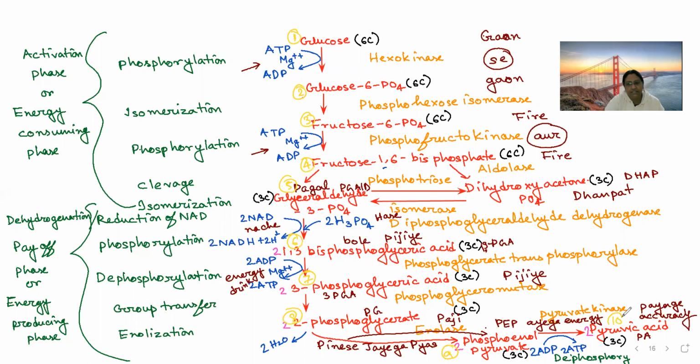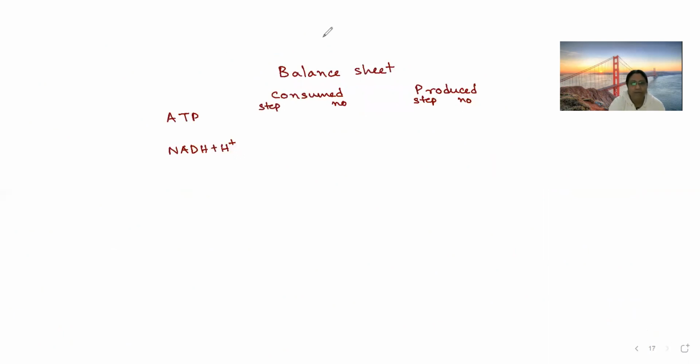So it is a 10-step process. So ATP used is in first to second and then third to fourth, isn't it? So it will be used in first to second में एक use हो रहा है, number is 1, and then third to fourth में एक use हो रहा है, ठीक है?